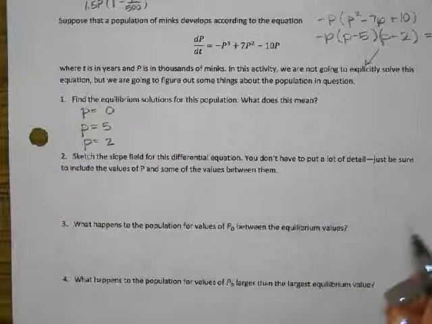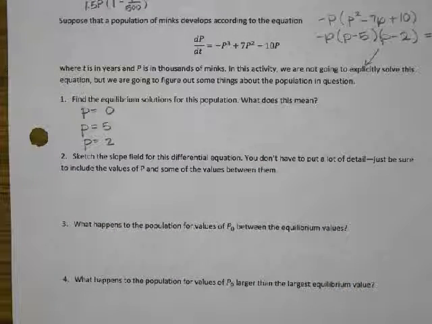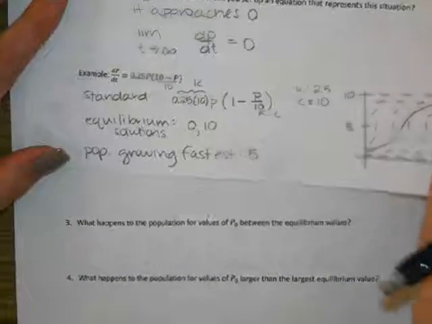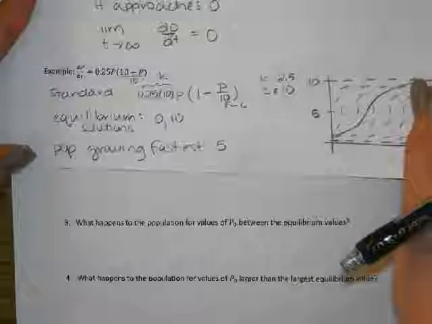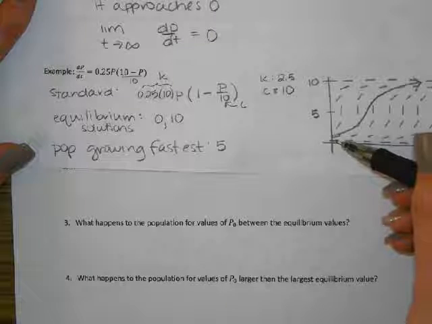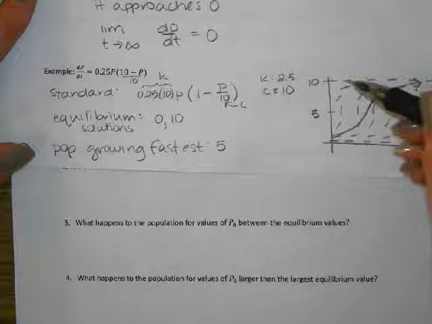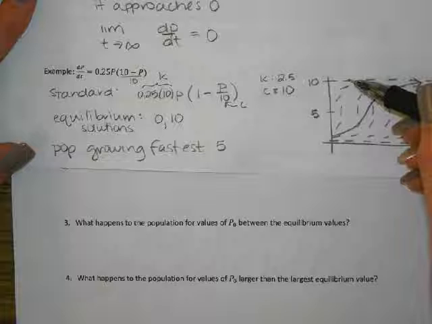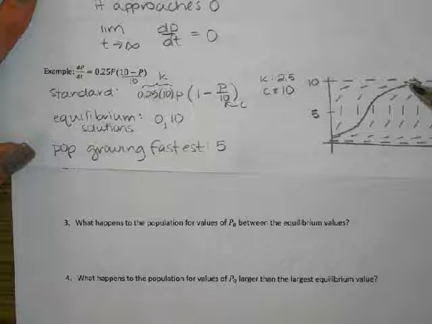Do you guys remember, based off the notes from yesterday, I'm going to turn to that. So here we had 2 equilibrium solutions. We had an equilibrium solution at 0 and an equilibrium solution at 10. And what do we say about these equilibrium solutions? They're asymptotes. What's happening to the population when you are really close to the asymptote? It doesn't approach 0, but it's approaching the asymptote itself, right?